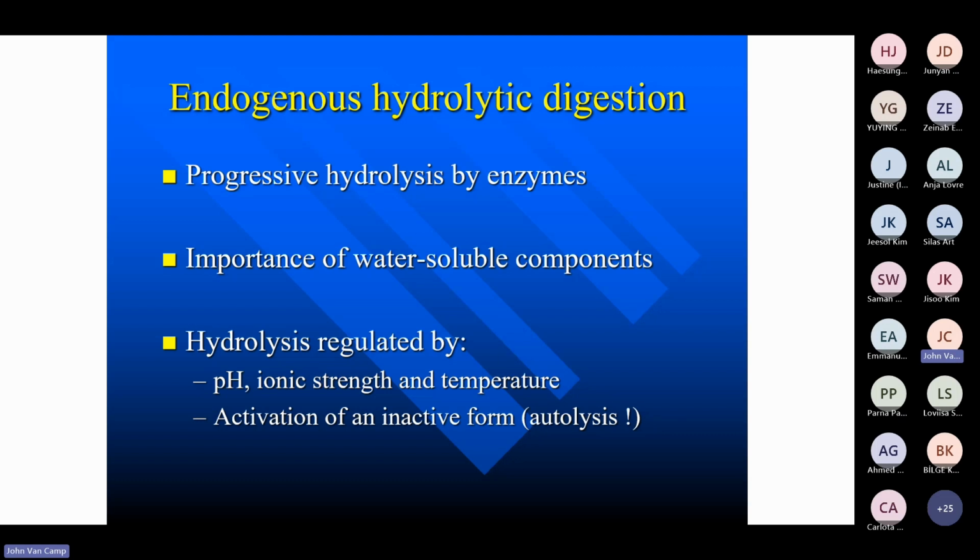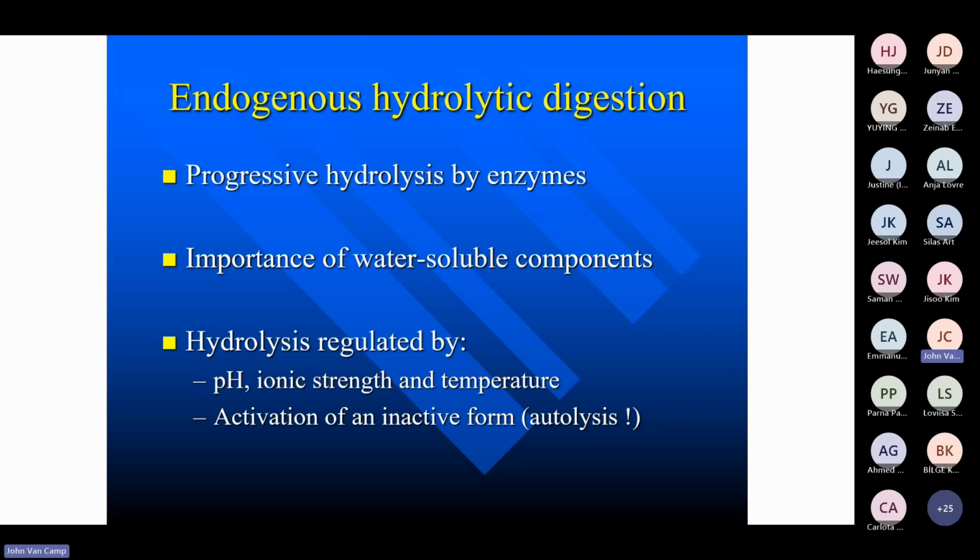All these enzymes have to be activated. Activation means that you will secrete an inactive form of the enzyme, which is produced in the wall of the GI tract. And once it is released into the GI tract, the condition there will stimulate the conversion of the enzyme into an active enzyme.